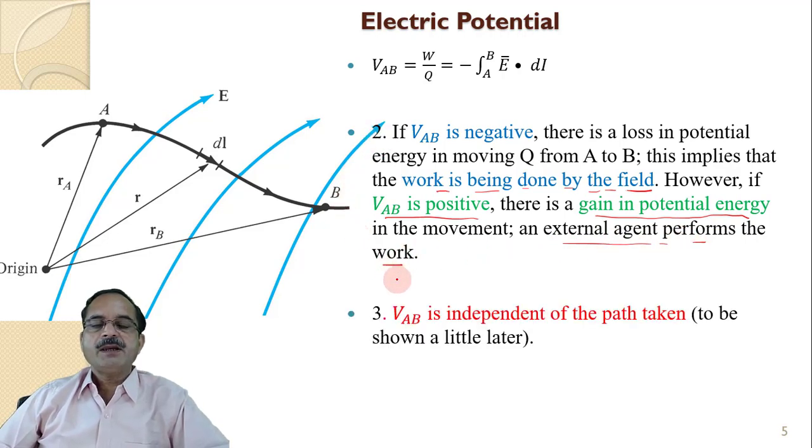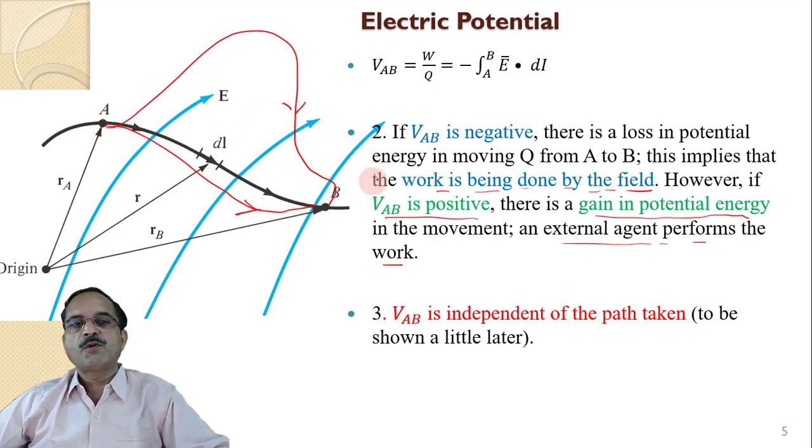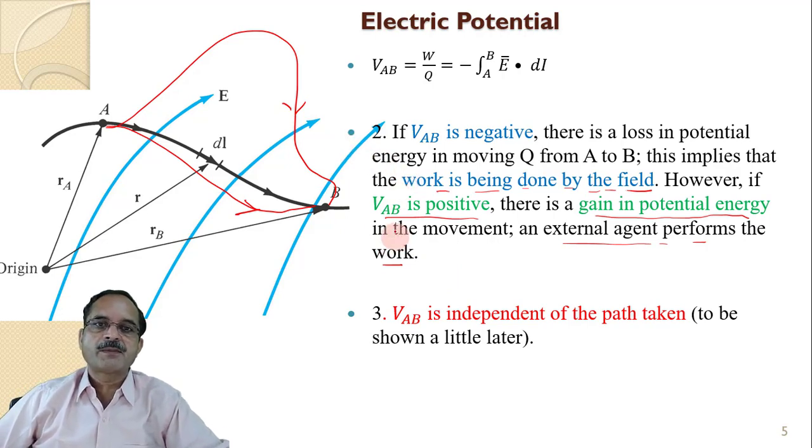And VAB, that is the potential between points A and B, is independent of the path taken. So whether I carry out this line integral over this path, or this path, or this path, the value of potential between points A and B is not going to change. It remains the same.